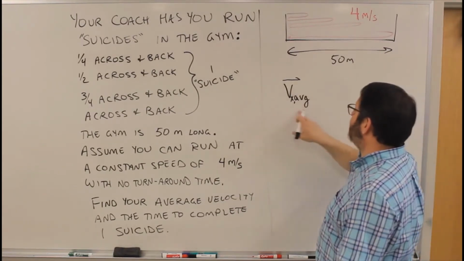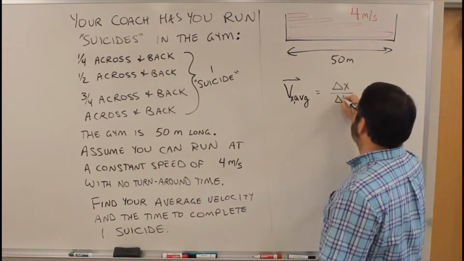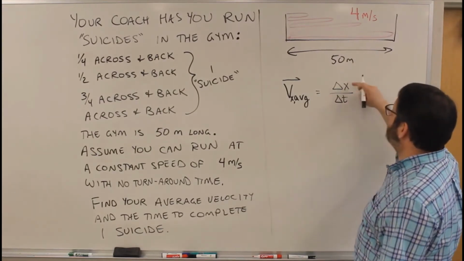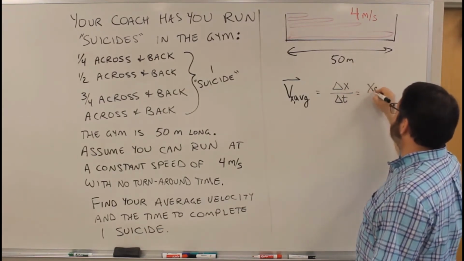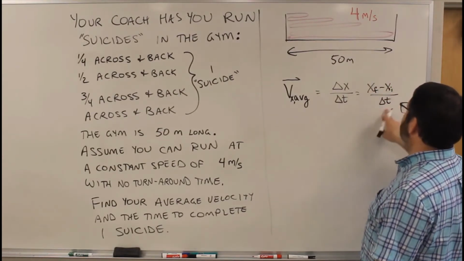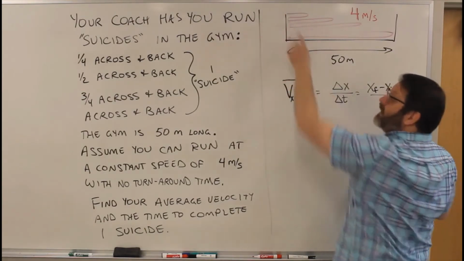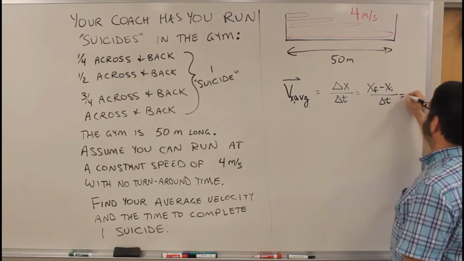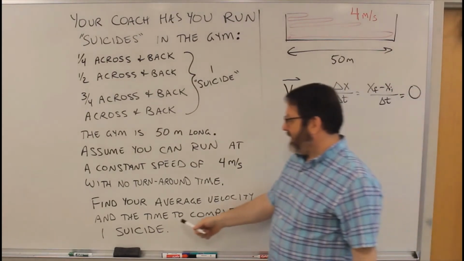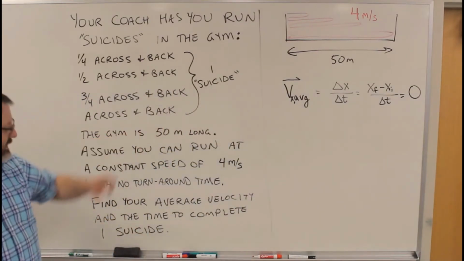My average velocity is delta x over delta t, a change in position. So final position minus initial position over delta t. I don't know what delta t is, but I know that my final position is the same as my initial position. So this is 0. Simple. My average velocity is 0.